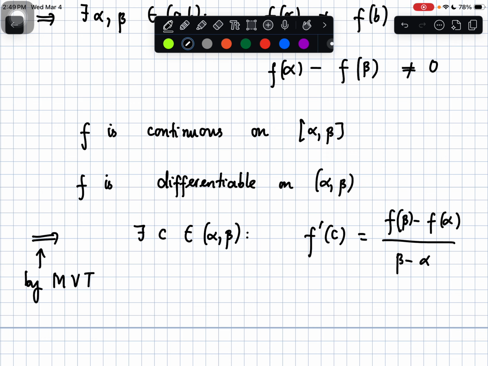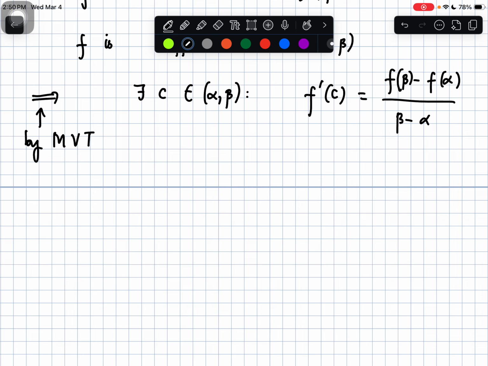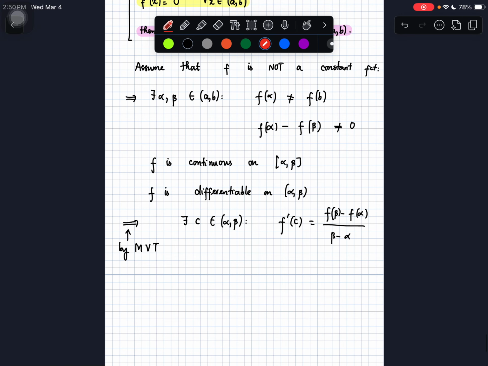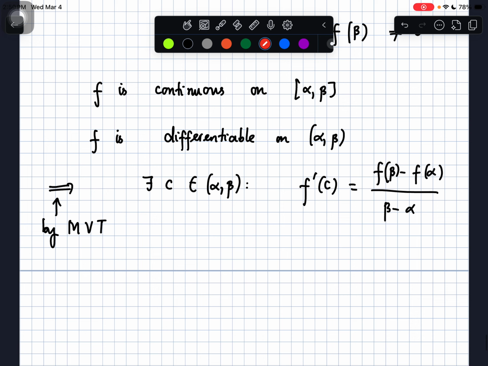Here we use the mean value theorem. Now we know that f of alpha is different from f of beta, so the numerator is non-zero.